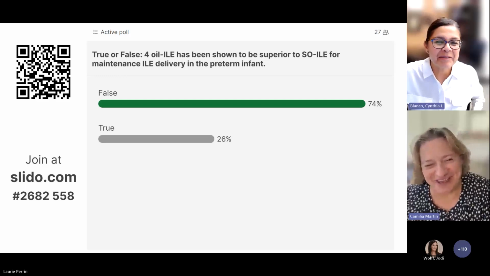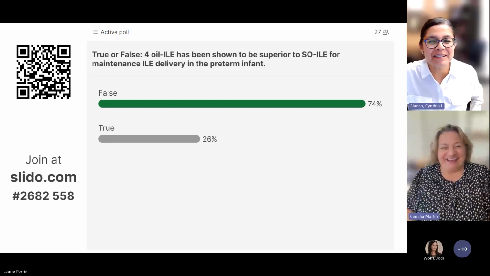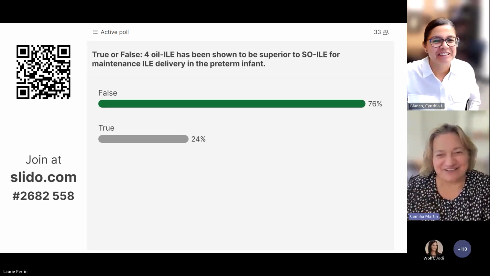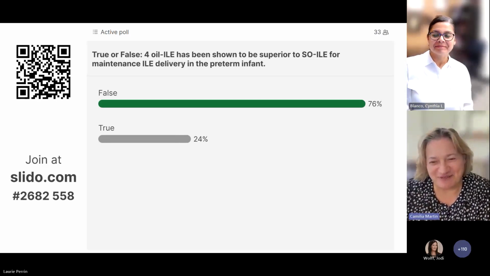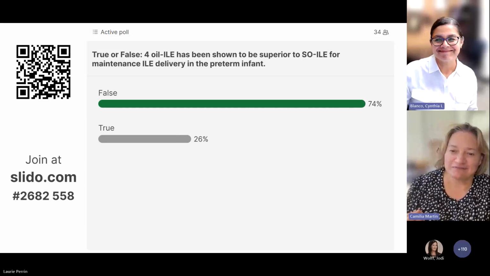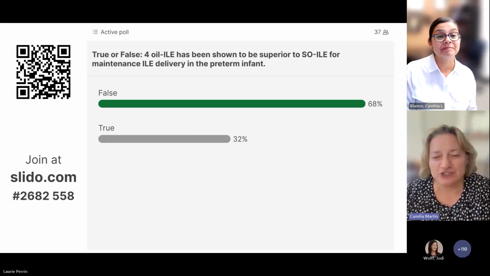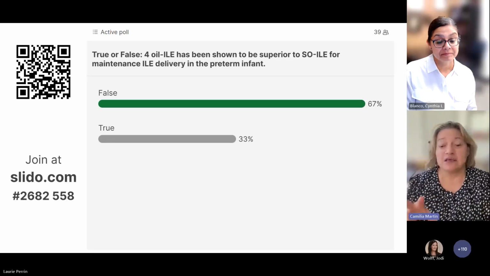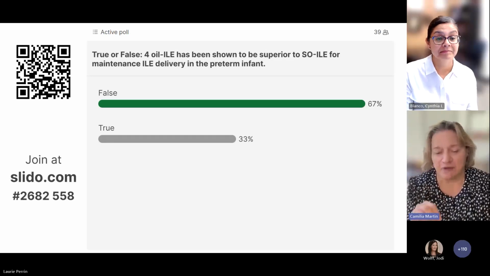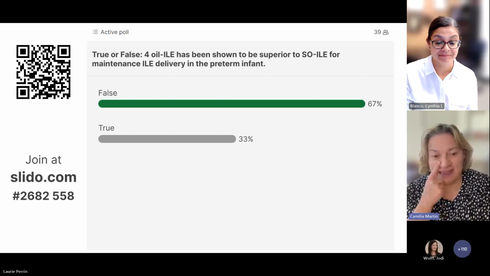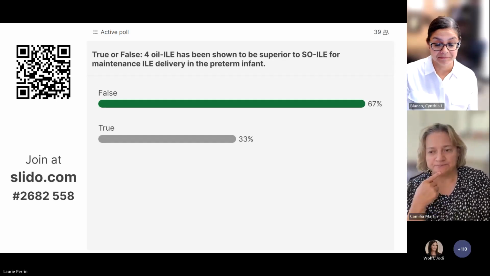That could be a little bit vague. That was going to be my question. What do you mean by superior? Right. And I do think about that in two ways, for those that have heard me speak before. Are we talking about how we're approximating fatty acid levels? Are we talking about short and long-term morbidities? I'll tell you, this question is set up about the morbidities and health outcomes, but we'll talk about the fatty acid changes as well.